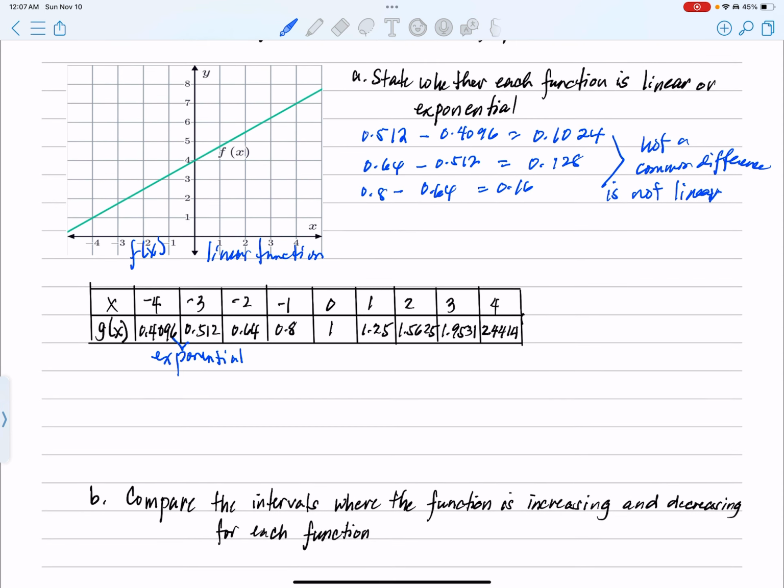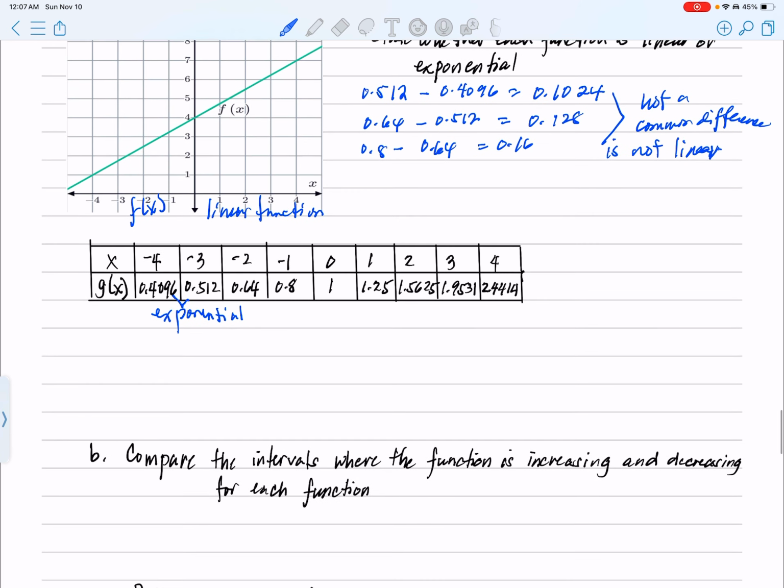But let's do the ratio. Doing the ratio, 0.512 divided by 0.4096, by using the calculator, we have 1.25. How about 0.64 divided by 0.512? We come up with 1.25.